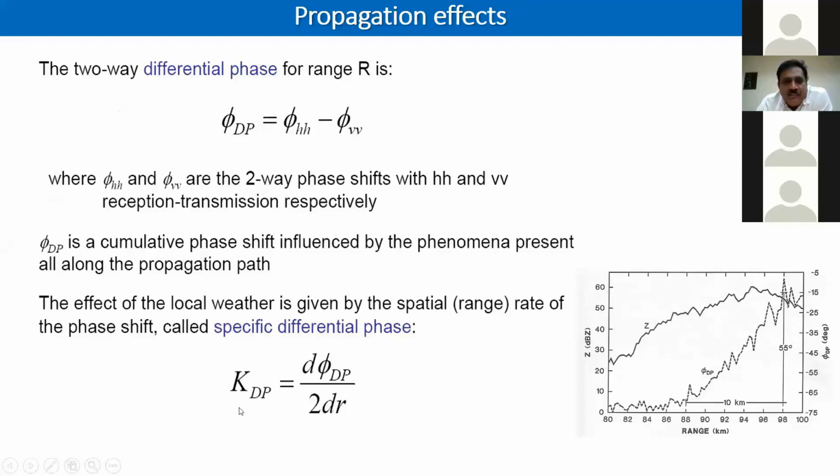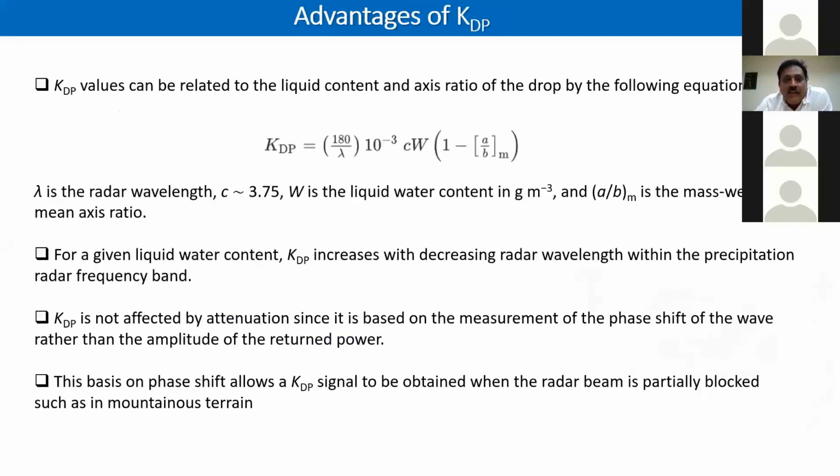From the range derivative of phi dp, you get a parameter called KDP. This is a very important parameter in polarimetric radar, and using it we do several things. We correct the attenuation in the reflectivity using KDP, and we can also directly derive rainfall rate from KDP.